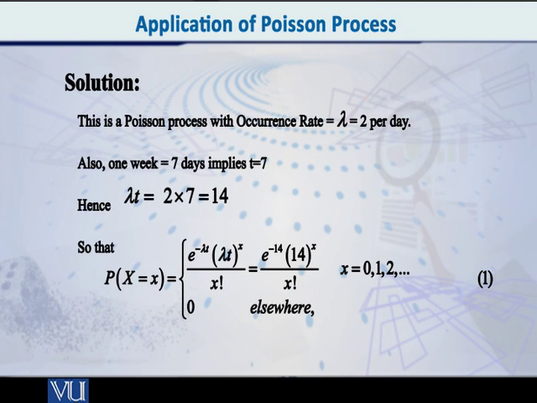So what does the formula become? e raised to minus 14 into 14 raised to x over x factorial. ये general formula निकल आया, where x can be equal to 0, 1, 2, and so on. X क्या चीज है? Of course, it is the number of occurrences per week.